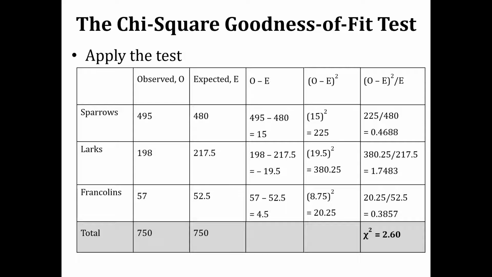Now we take the sum of these values, 0.4688, 1.7483, and 0.3857, and their sum is the value of our chi-square, which is 2.60. So this is our chi-square calculation.